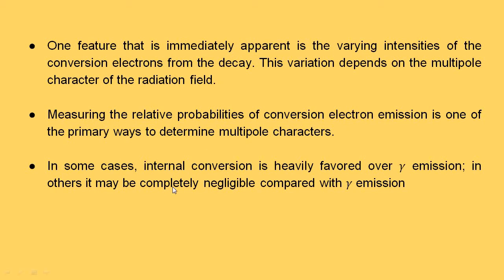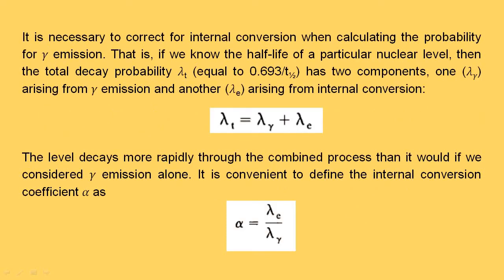In some cases, internal conversion is heavily favored over gamma emission. In others, it may be completely negligible compared with the gamma emission. So it is necessary to correct for internal conversion when calculating the probability of gamma emission.